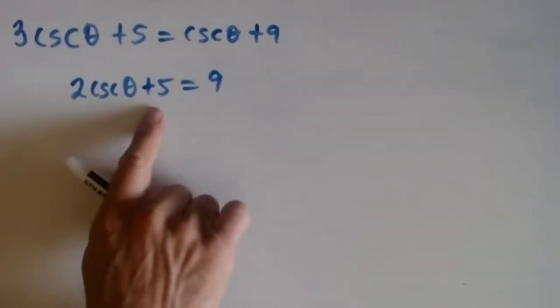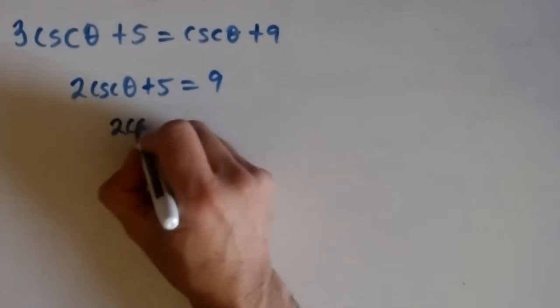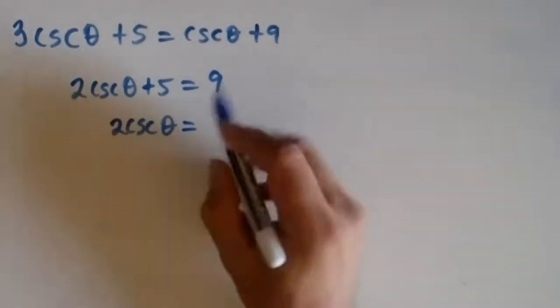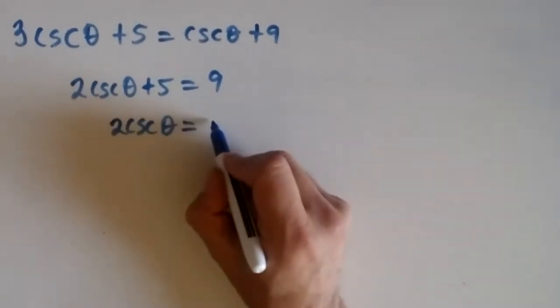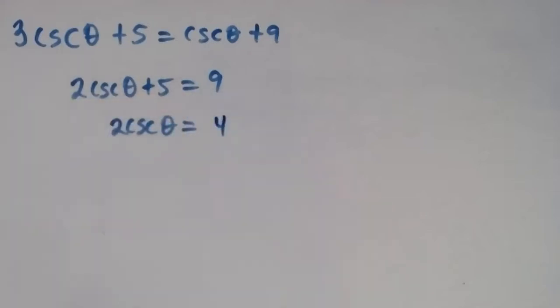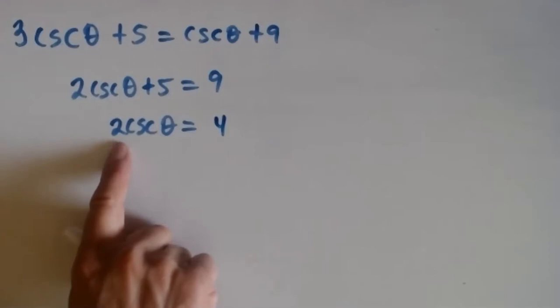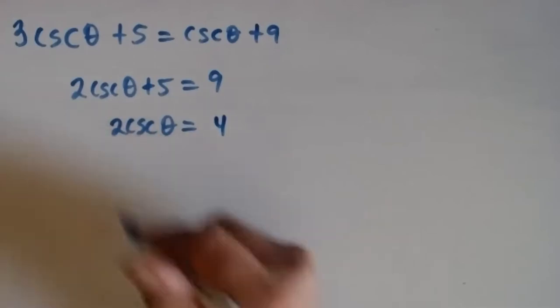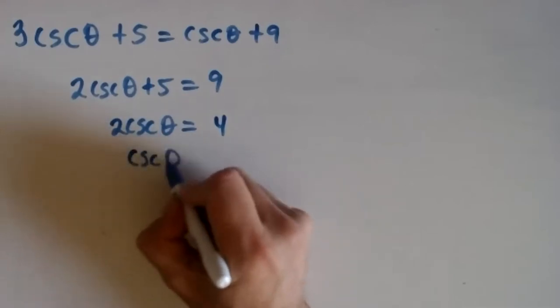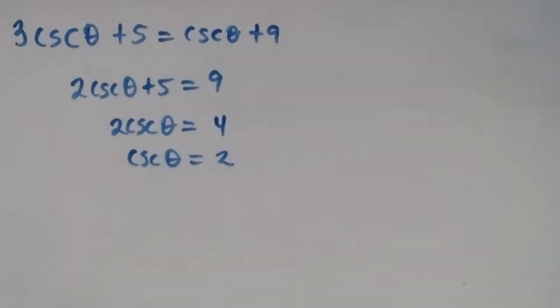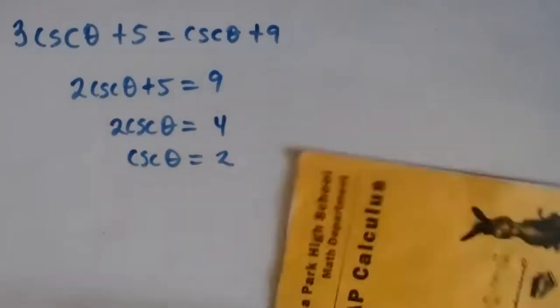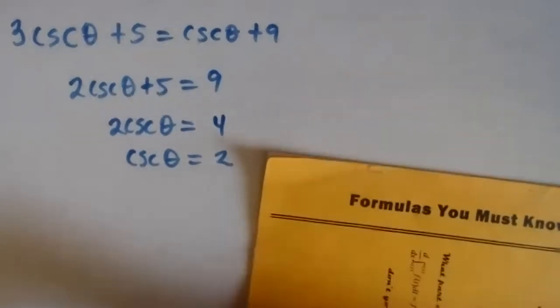Then I subtract 5, so I have 2 cosecant theta equals 9 minus 5, which is 4. And then what do you do with the 2 at the front? Well, you divide by 2, so you have cosecant theta equals 2, correct?